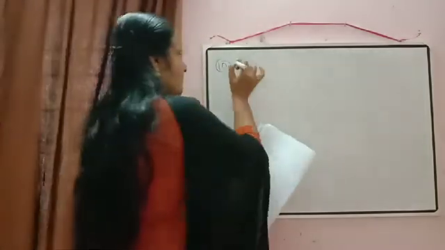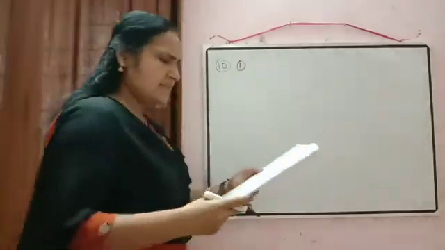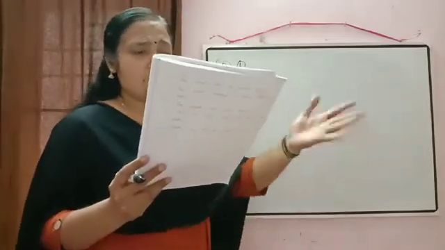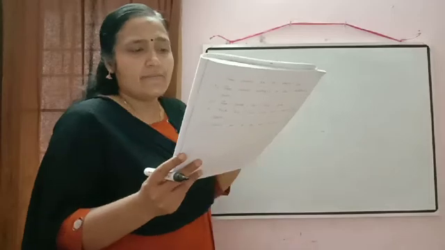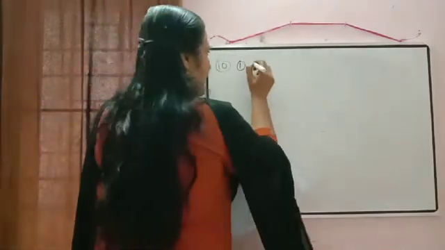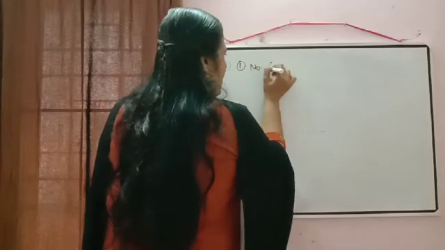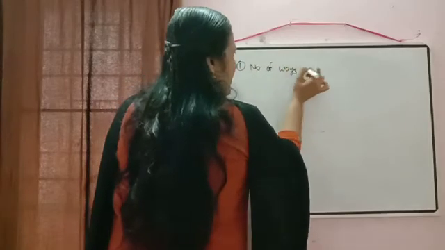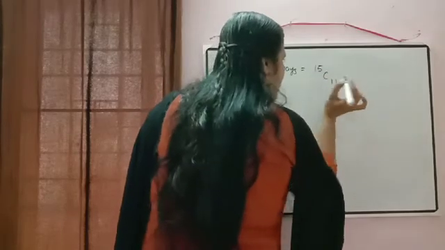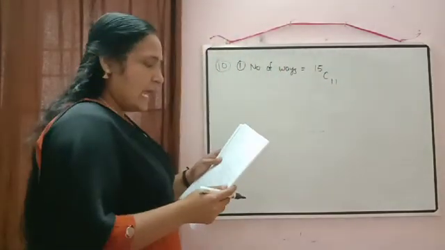First condition, if there is no restriction, means you can select whatever players you want, that depends on you. You can select 11 players out of 15 players. So with no restriction, the number of ways is equal to 15C11. Out of 15 we have to select 11 players.